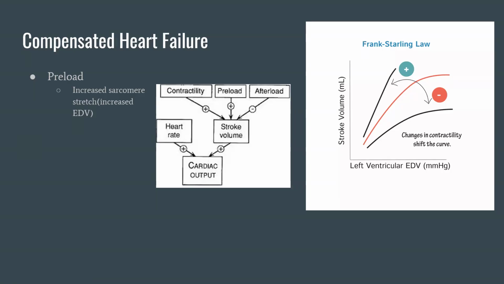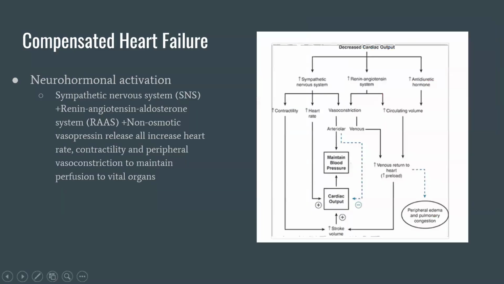And that's fine, but like we said with the rubber band, you can only increase the maximum stretch of that sarcomere so many times until it becomes like a loose rubber band that loses its elasticity.